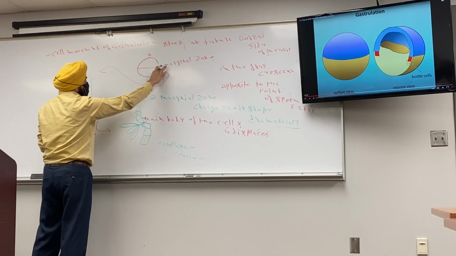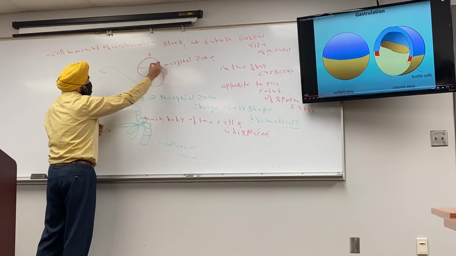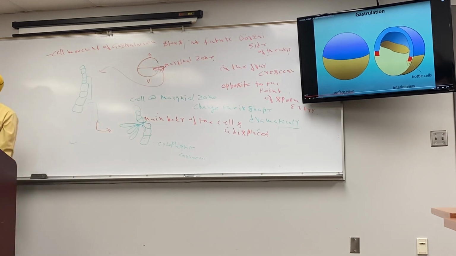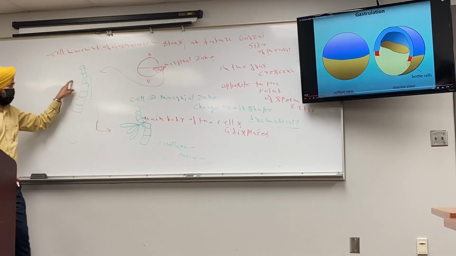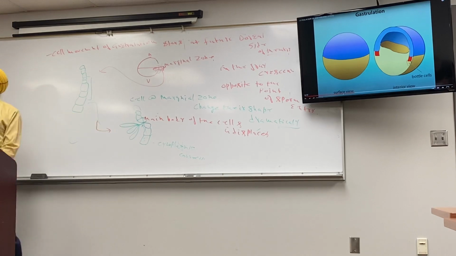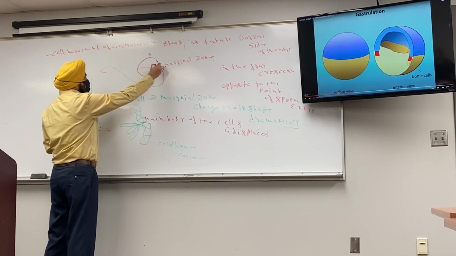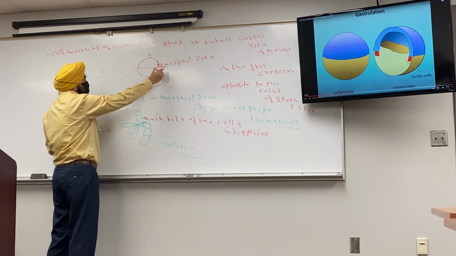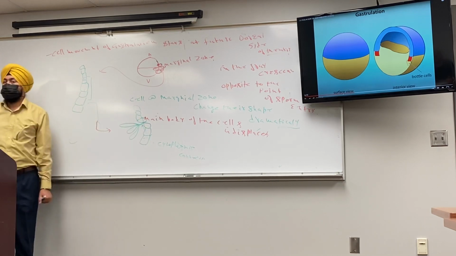Okay? Now the cells right here, this is happening just beneath the equator. Right here, this process is happening. So these cells which are here become the bottle cells. And the cells which are here are coming in contact with these cells because these cells have changed shape.